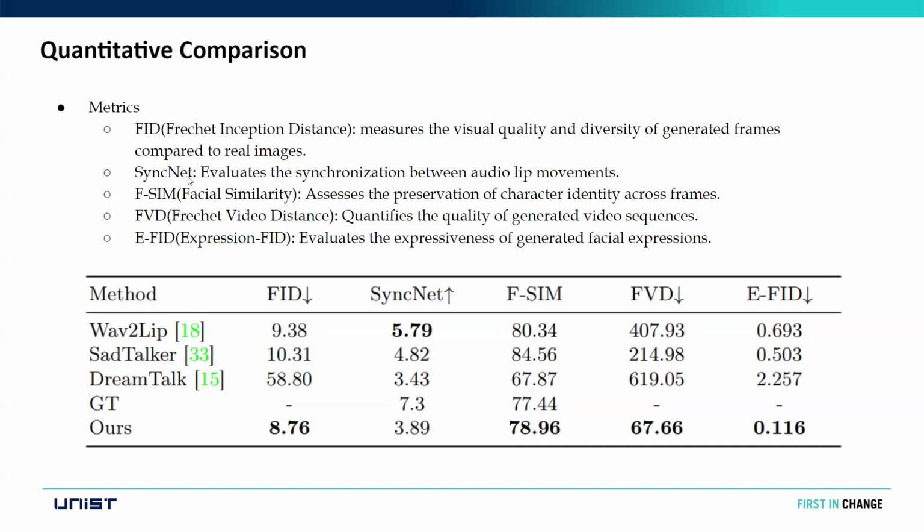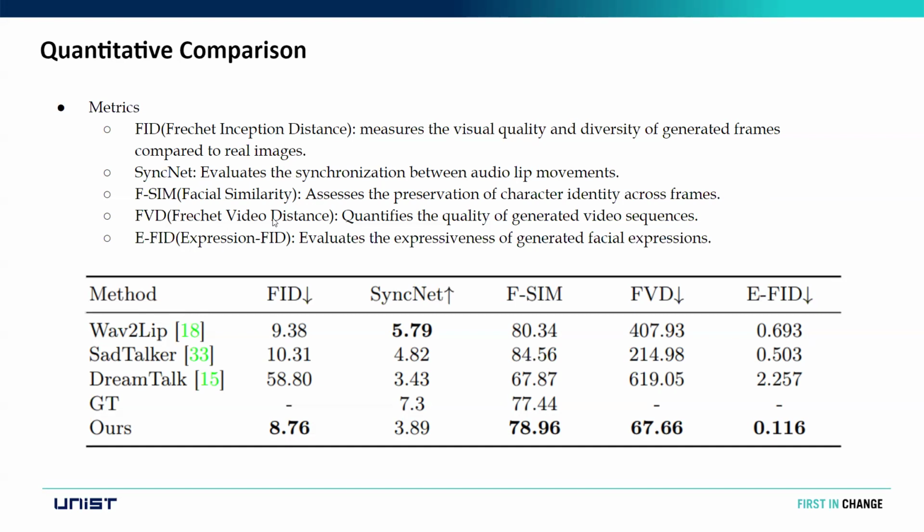And SyncNet is just another network to evaluate the synchronization of lip movement. And FSIM, facial similarity, to assess how well the model is preserving the identity across the whole video.